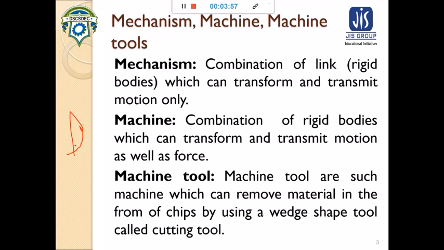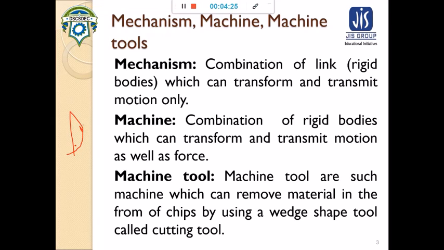Similarly, what is a machine? A machine is a combination of rigid bodies which can transform and transmit motion as well as force. Examples of a machine: you can take an automobile engine, the e-rickshaw, the printer, everything is a machine.